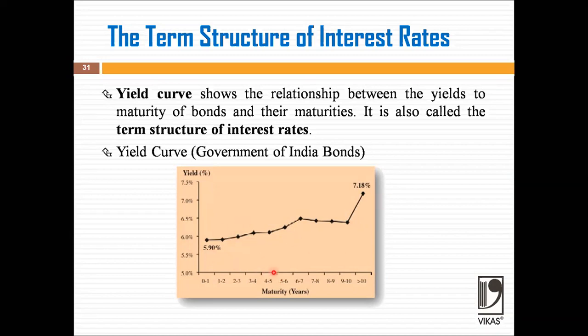The yield curve shows the relationship between the yield to maturity of bonds and their maturities. It is also called the term structure of interest rate. The yield curve of Government of India bonds is given in this picture.